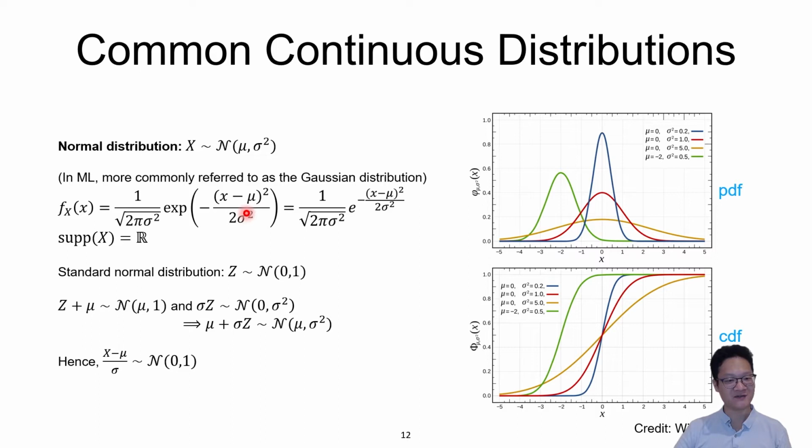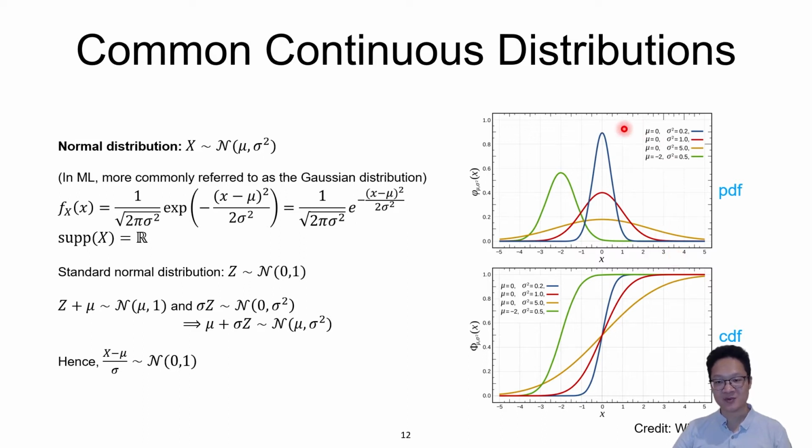Maybe we need to get familiar with all of these Greek letters if you're not already. Mu is the mean of the distribution. It's basically the center of the peak. The distribution looks like a bell curve. And sigma controls how wide this peak is.